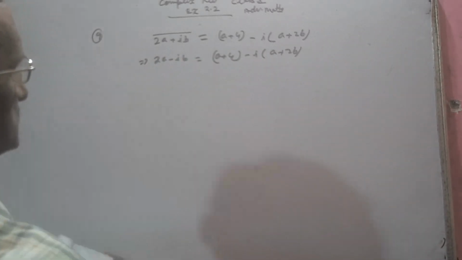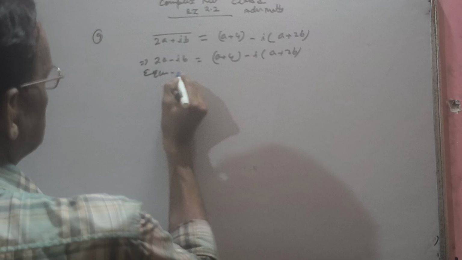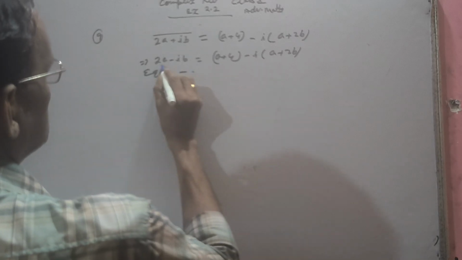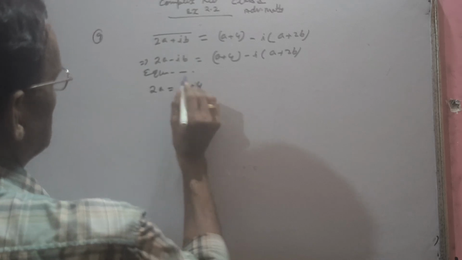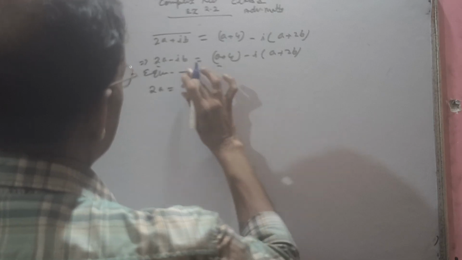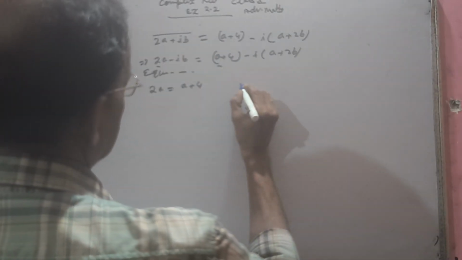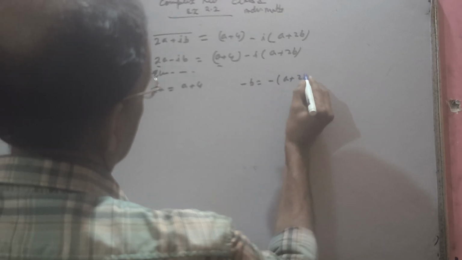Plus will become minus. So equating real and imaginary parts, what will you get? 2a = a + 4, real part equal to real part. And what will we get here? Minus b equals minus (a + 2b), and minus will cancel only.